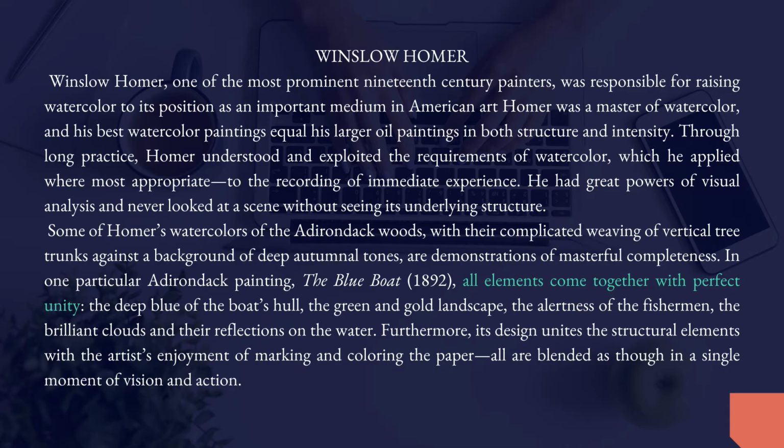And before that we have Adirondack here. So I found the sentence. Let's see whether it answers the question. In one particular Adirondack painting, the name, The Blue Boat, we don't care about that. I'm going to be careful about what's coming next. All elements come together with perfect unity. Fine, so far fine. Just this part, not about the name of the painting.